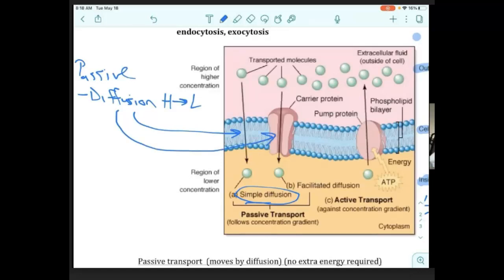Okay, great. Let's go on to this next one. Do you see what's happening here? Is this diffusion, the one I just pointed at? I'll circle it here, right? That's diffusion too, right? It's going high to low, so it's still passive, but this time it's having to go through a gate protein. And so when that happens, we call that kind of movement facilitated diffusion.